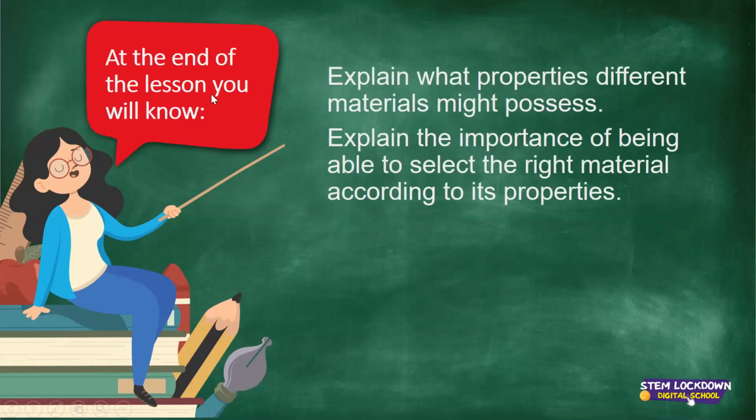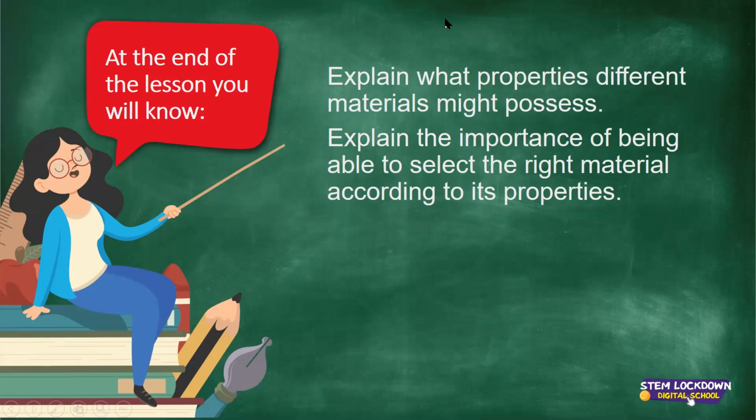With each and every lesson, we're supposed to have lesson objectives, some sort of checklist to say, at the end of the lesson, what did I learn? What did I take with me when the lesson ended? With this lesson, you are supposed to be able to explain what properties different materials might possess.